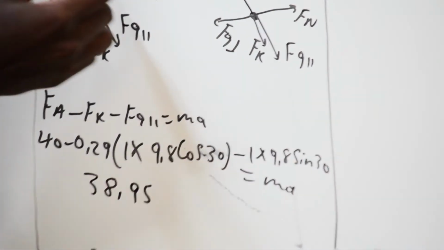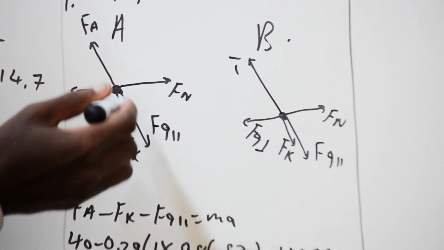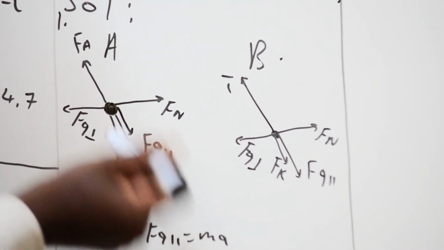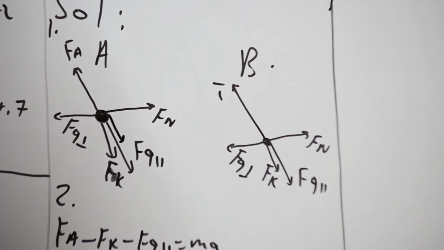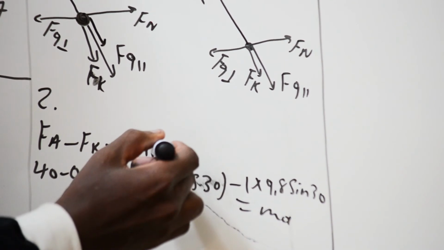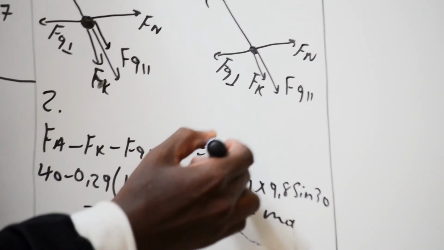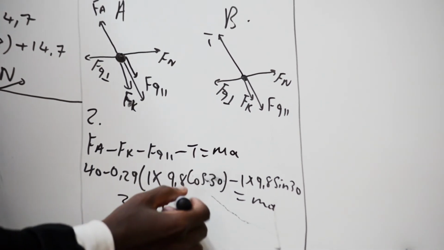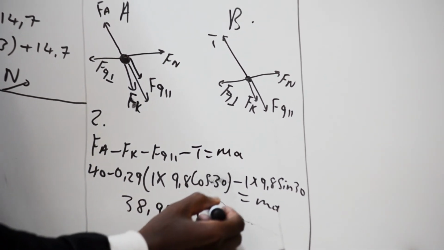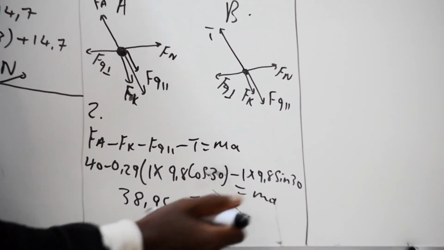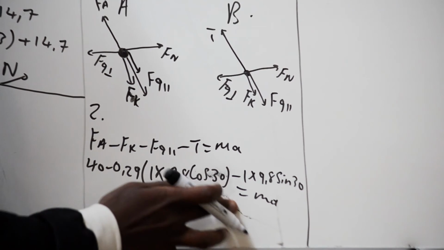I forgot the tension up, because along the second block there is tension. How can tension be absent? I forgot tension. So in my free body diagram I left out tension, but I have all the other values. So I'll say minus T here equal to A, because my mass is 1.